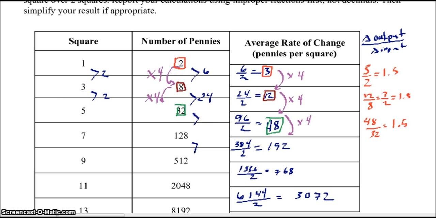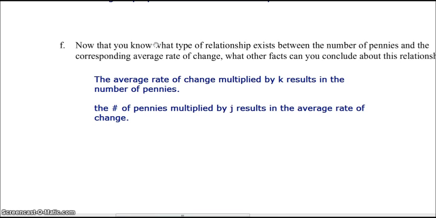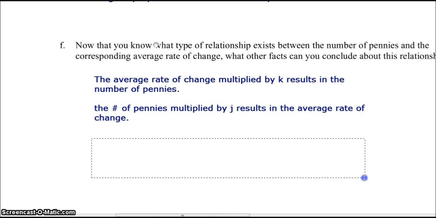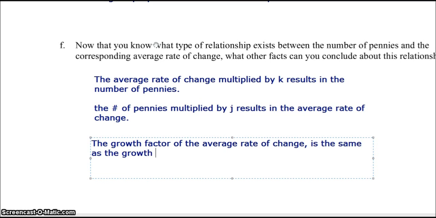And that's really what I took away from this lecture. Or sorry, not quite. The growth factor of the average rate of change is the same as the growth factor for the number of pennies.